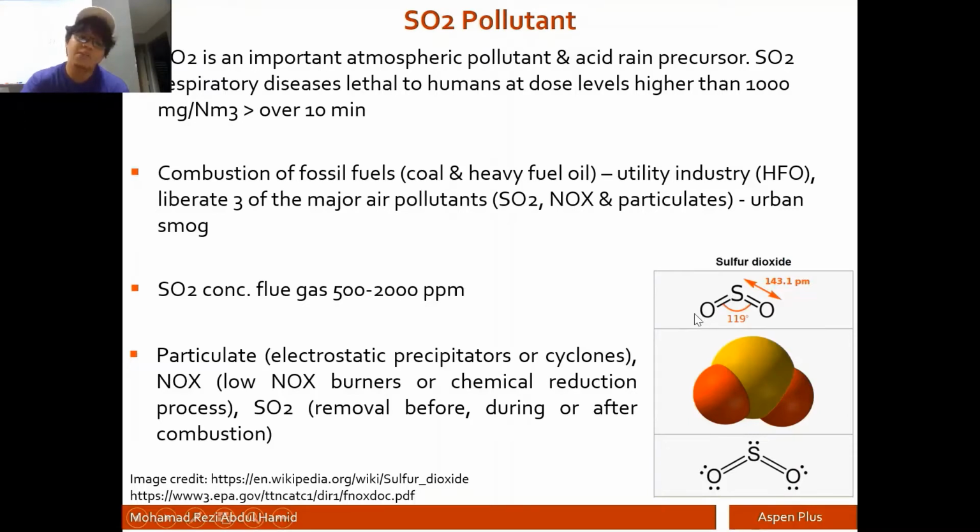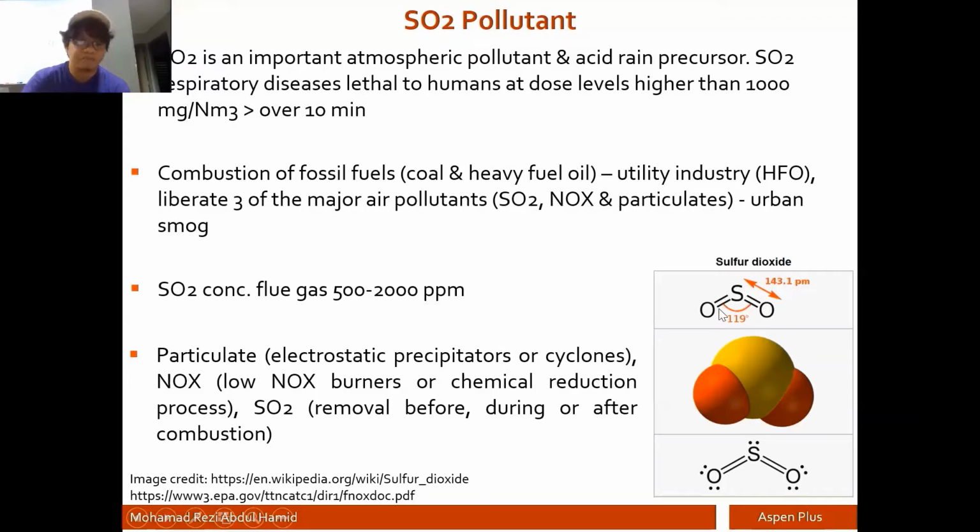The bond angle between oxygen, sulfur, and oxygen is around 119 degrees, and the bond length between sulfur and oxygen is around 143 picometers.